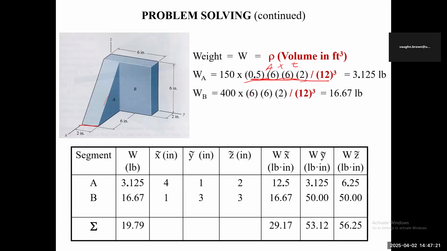And for the cuboid, the same principle applies. We said that the base, if you want to take it from the base, is 2 by 6, and then the height of it is 6.